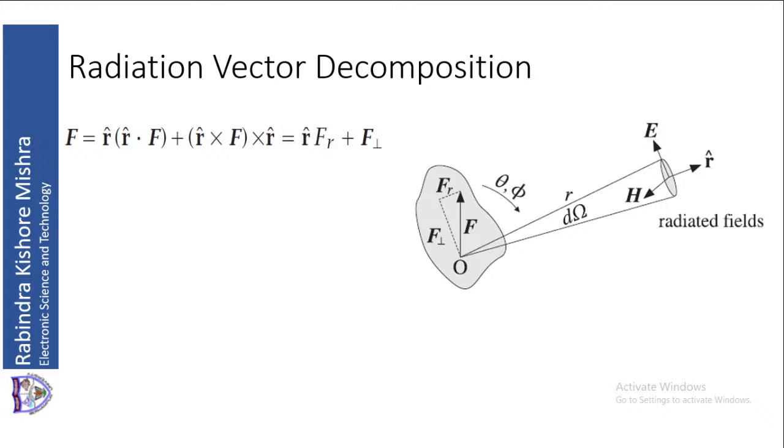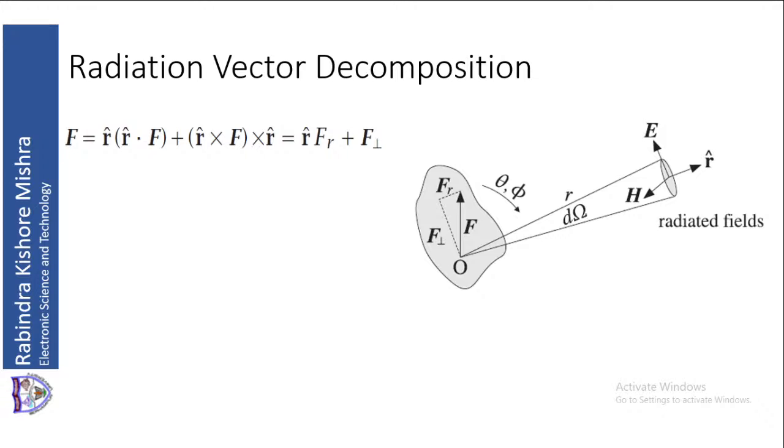So if you take an elementary area that is subtending an angle d omega at the origin or the source, once we know this, we can write F is equal to r cap into r cap dot F plus r cap cross F cross r cap.